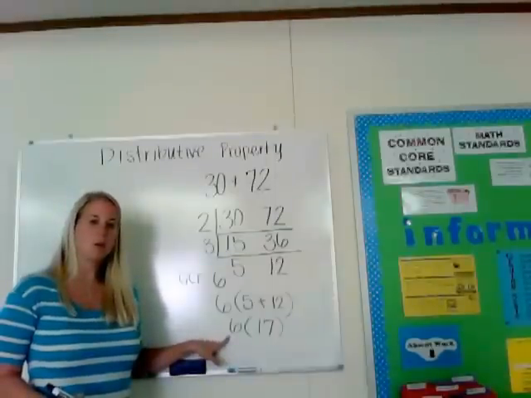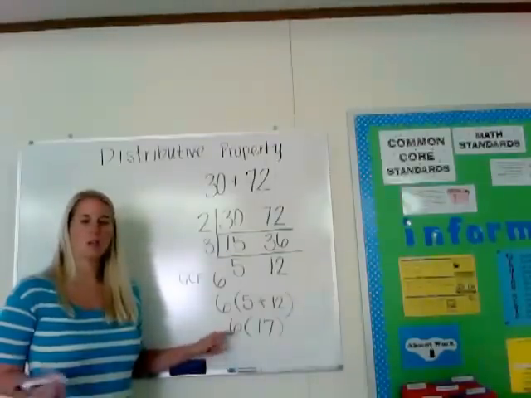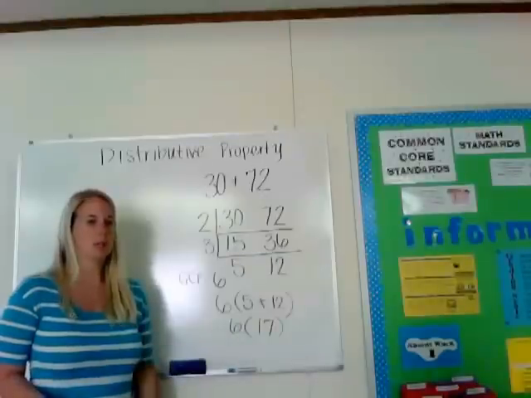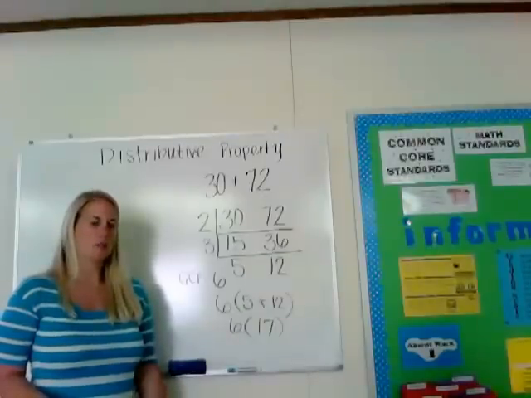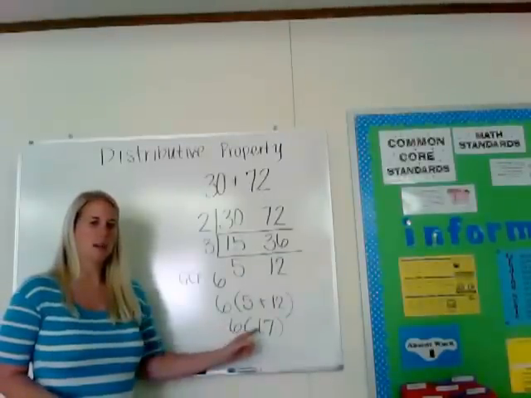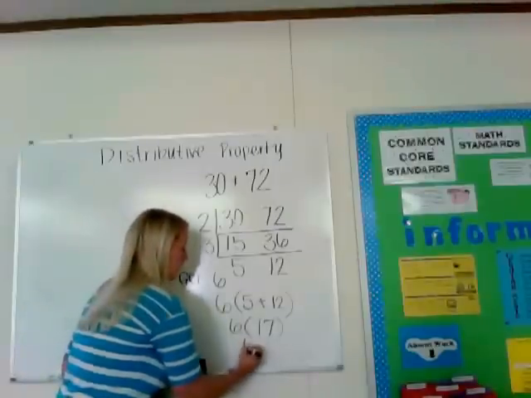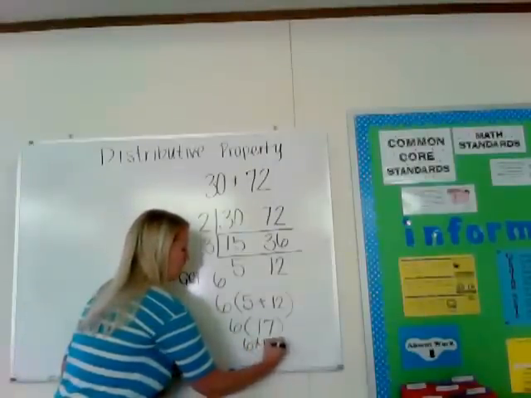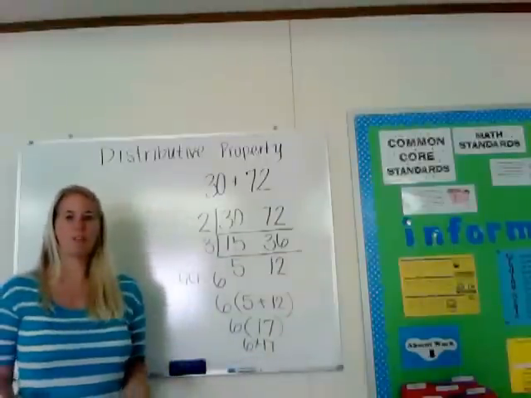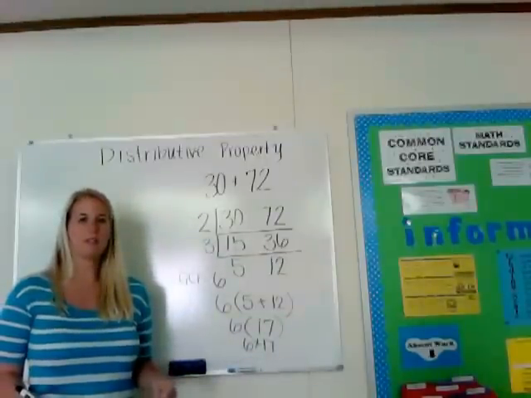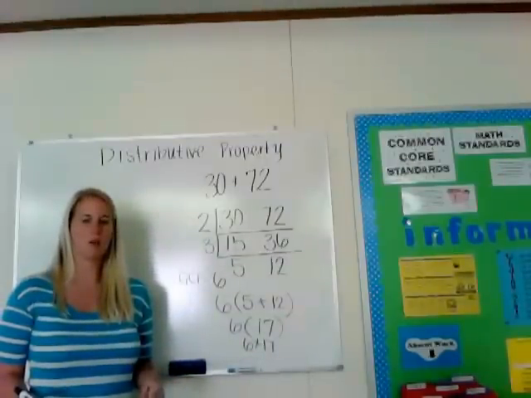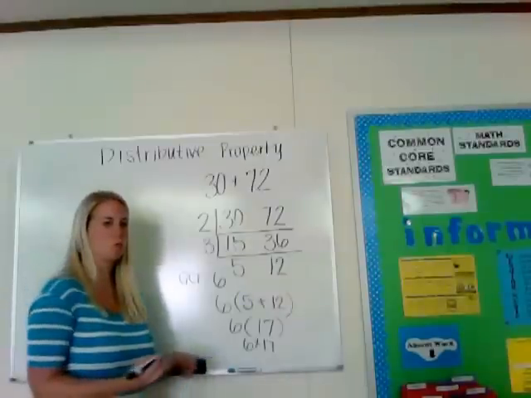If you have a number on the outside of parentheses and there's no sign, it's a multiplication problem. This is asking you what is 6 times 17. I'm thinking, what is 6 times 17? The answer to that question is 102.